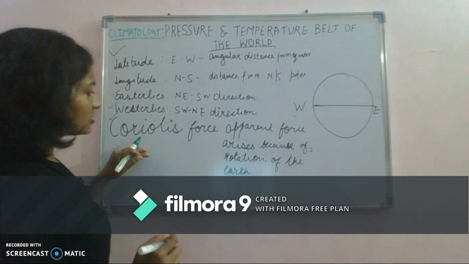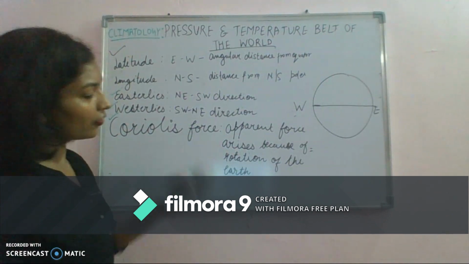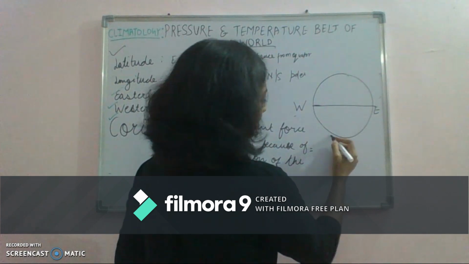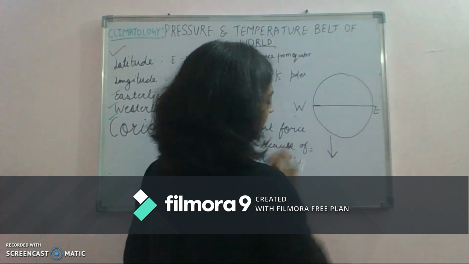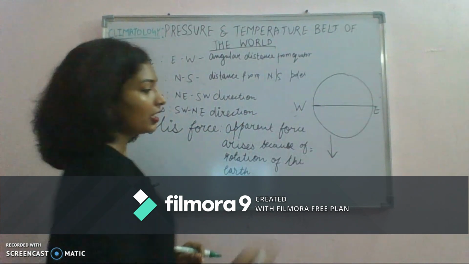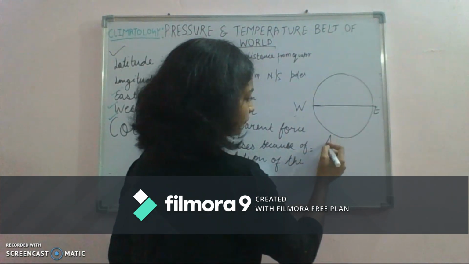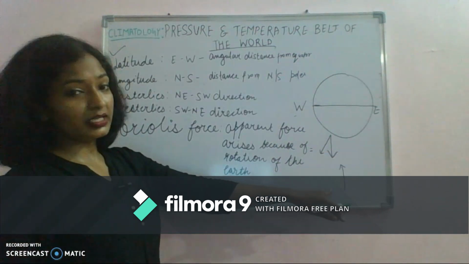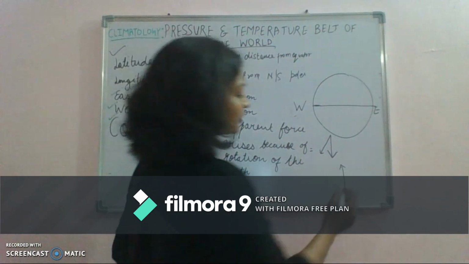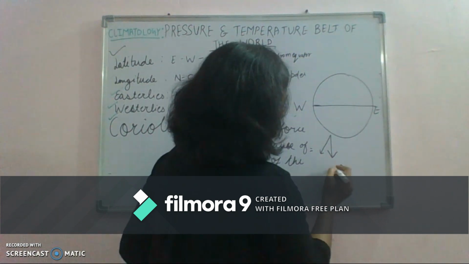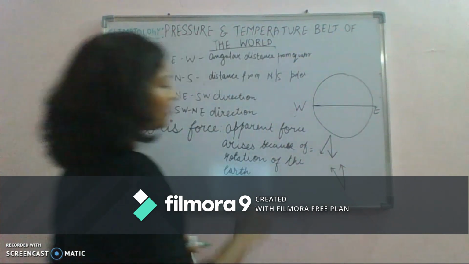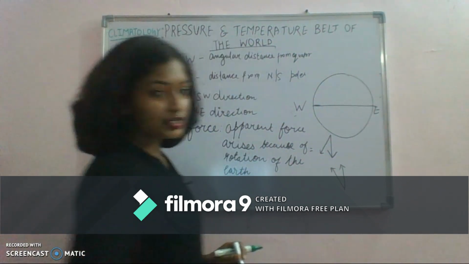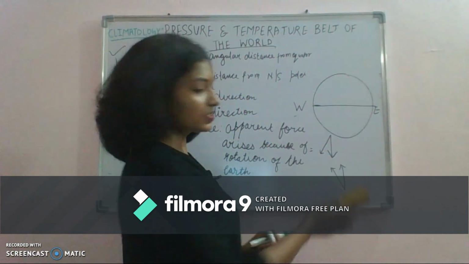What is the importance of the Coriolis force in geography? When the wind moves in the northern hemisphere, it deflects to its right, and when the wind moves in the southern hemisphere, it is deflected to its left. So the basic purpose of the Coriolis force is to deflect the direction of the winds.